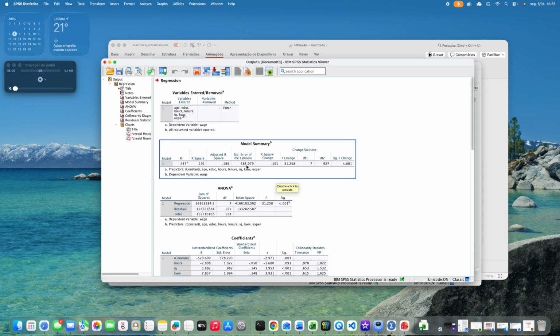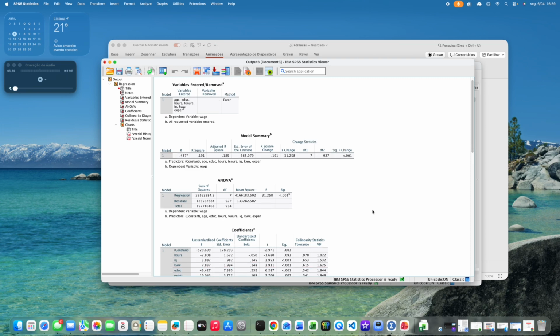So if we are trying to estimate wage, which is in US dollars, this value is in US dollars as well, and tells you on average how far the residuals are from the predicted values, from the fitted values. We are not going to look at these values right now, but we will come back in a later phase.